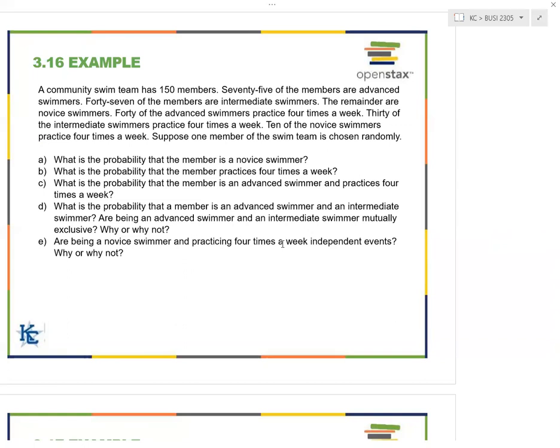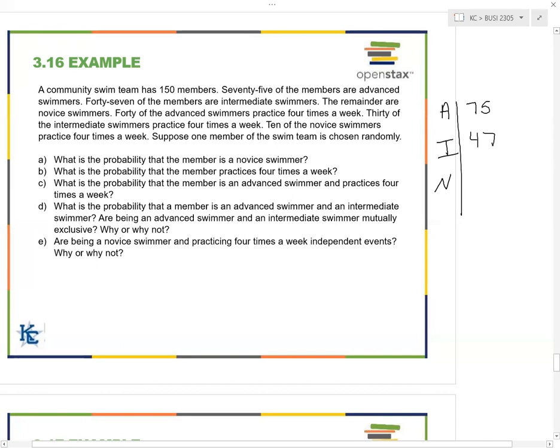Okay, so let's take a look at this. This is a lot of information, so I'm going to organize it with a contingency table, because that will help me. I'm going to have advanced, intermediate, and novice swimmers, because I'm told that I have 75 advanced swimmers, 47 intermediate, and the remainder are novice swimmers.